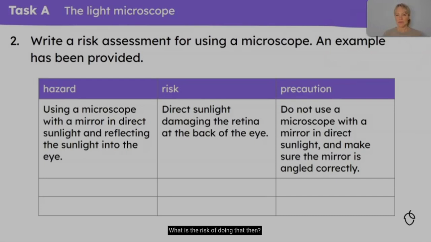What is the risk of doing that? Direct sunlight damaging the retina at the back of the eye. What's the precaution, so how can we lower that risk? Do not use a microscope with a mirror in direct sunlight, and make sure the mirror is angled correctly. I'll give you a moment to think about it, but if you need more time, please pause the video.